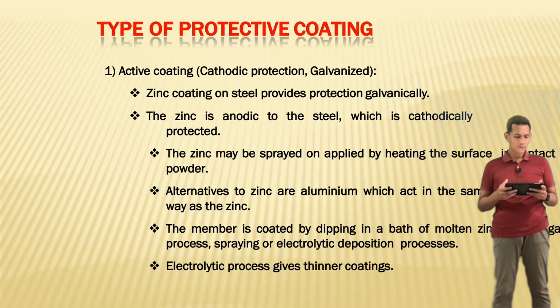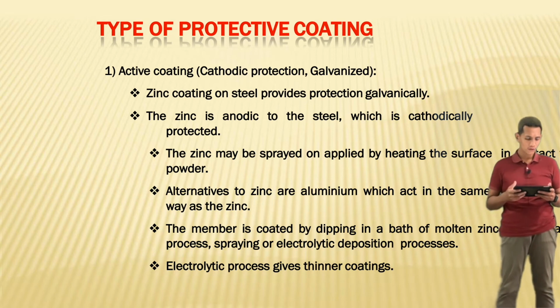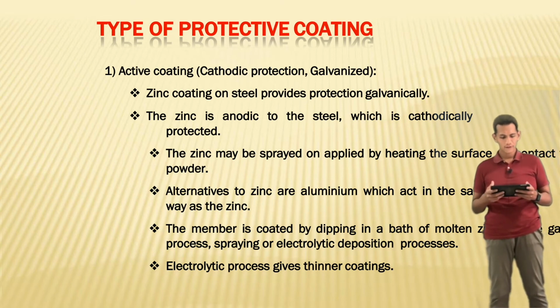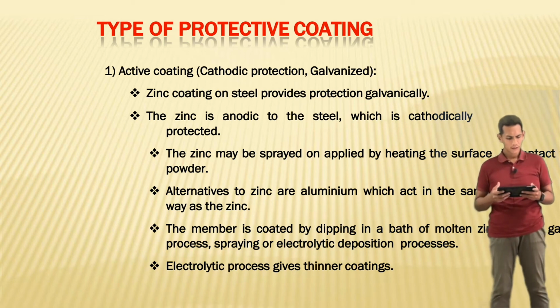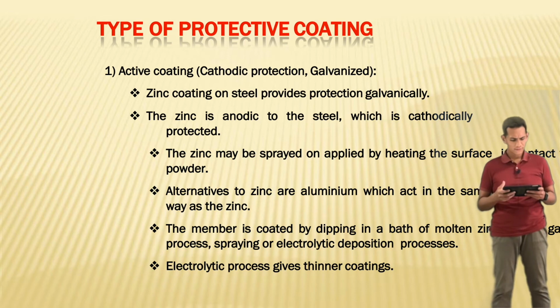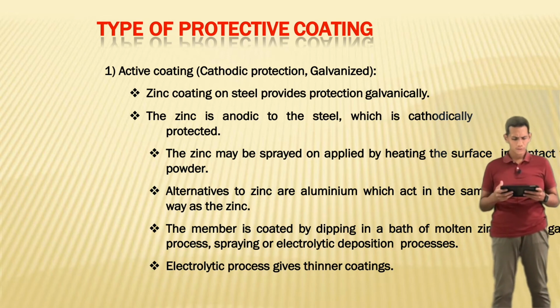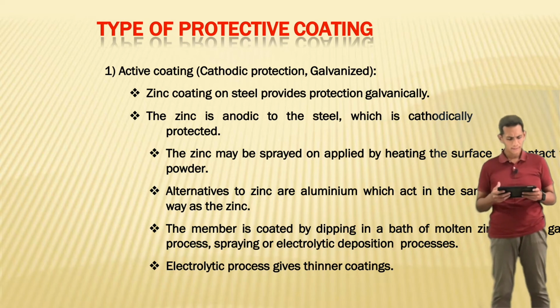Types of protective coating to protect the steel. Number 1, active coating. We call it cathodic protection or galvanizing. Zinc coating on steel provides protection galvanically. The zinc is anodic to the steel, which is cathodically protected.